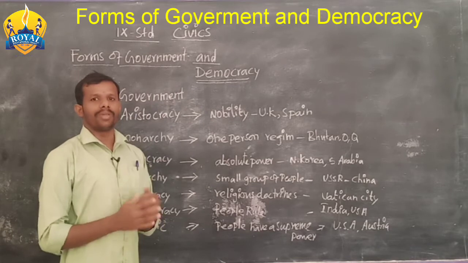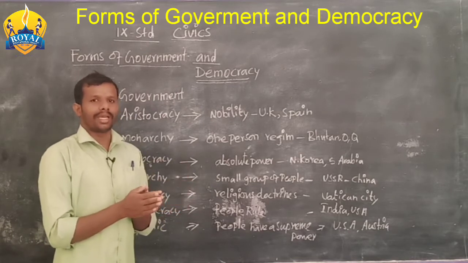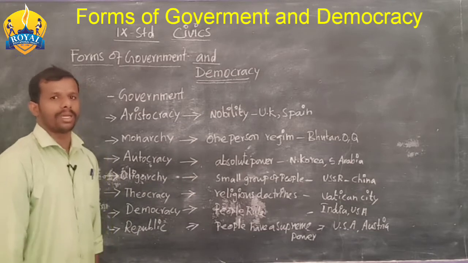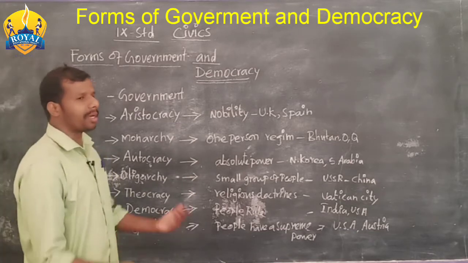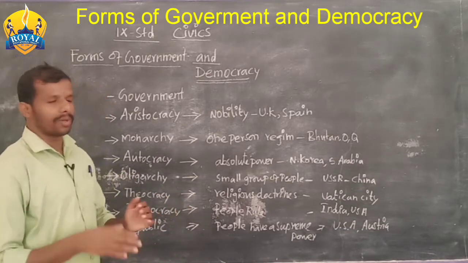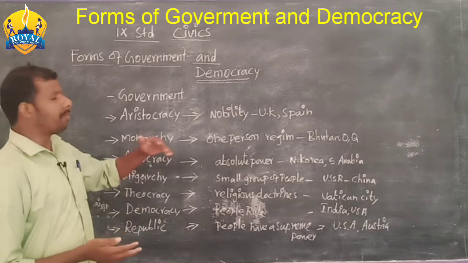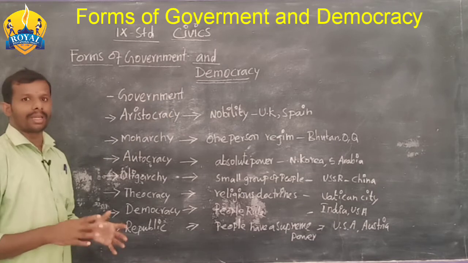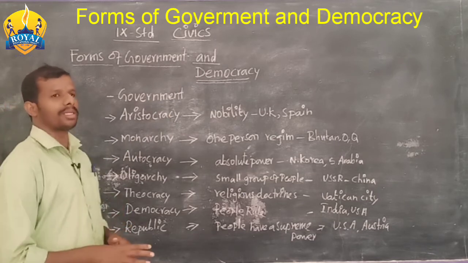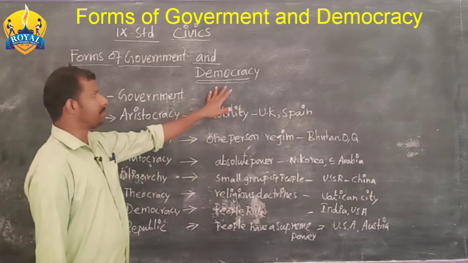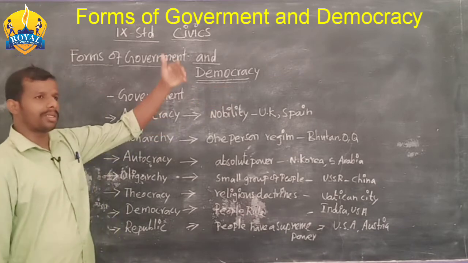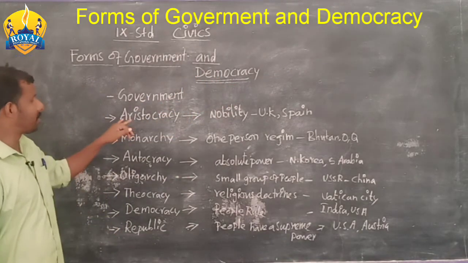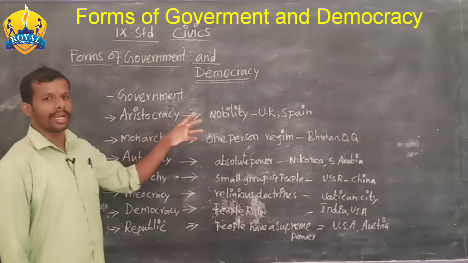This is the way governments enacted and executed their power and authority. This is the way governments originated in India as well as the world. In modern days, democracy is the most welcomed and most followed concept in the world. So what are the other types of government that existed in the world? First we are going to discuss aristocracy.